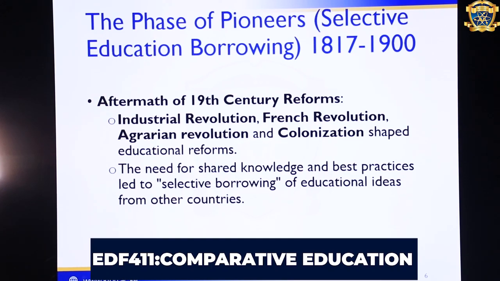It became a tool for nation building, for economic development, and even ideological struggles. And this is why we call it the phase of pioneers. Why? Because it laid the foundation for modern education systems through selective borrowing. And we're saying selective borrowing because you only borrow what you think would be useful to your system.